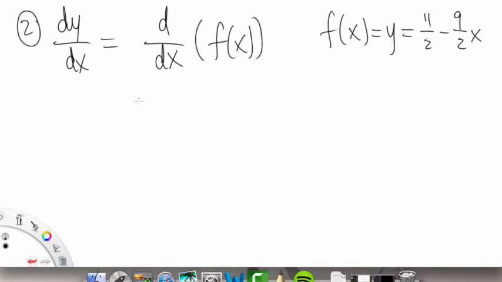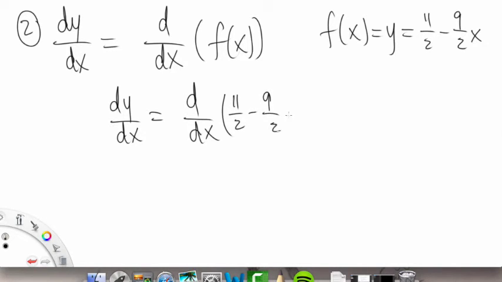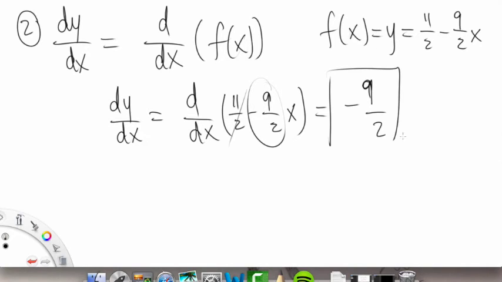So dy dx is equal to d dx of 11 over 2 minus 9 over 2x. When we do that, the constant term goes away, and we just pull out this coefficient. So that is negative 9 over 2, which matches the answer that we got from the first method.